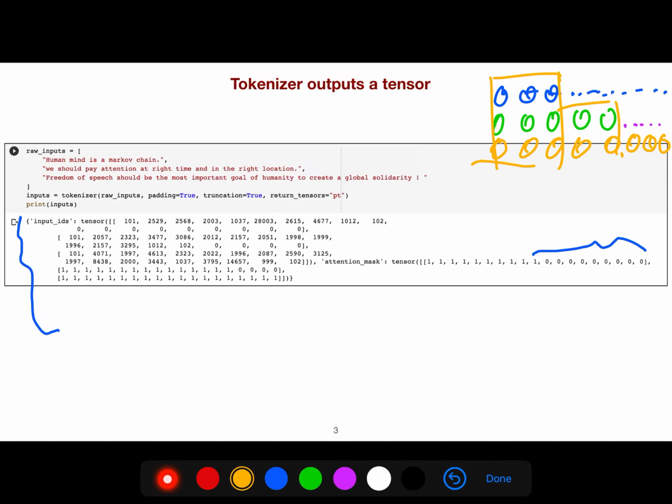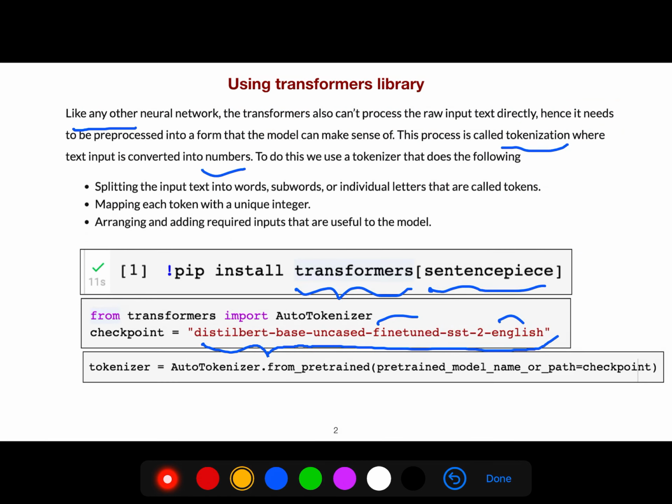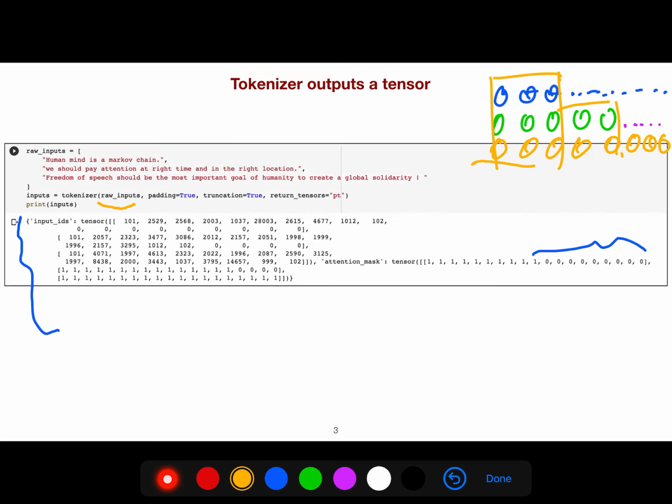So the input of the tokenizer is just the sentence, the text, the raw inputs. And don't forget that the tokenizer is coming from AutoTokenizer, from transformers. So we get it from the pre-trained models, the checkpoint that I said. And then we use this tokenizer so we feed in the text, these raw inputs.